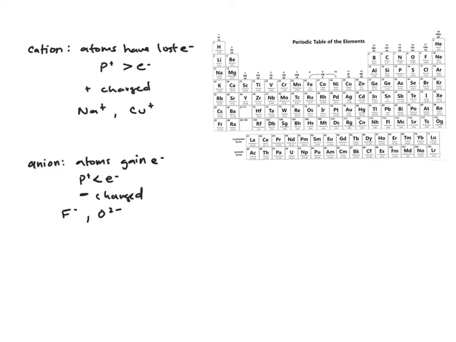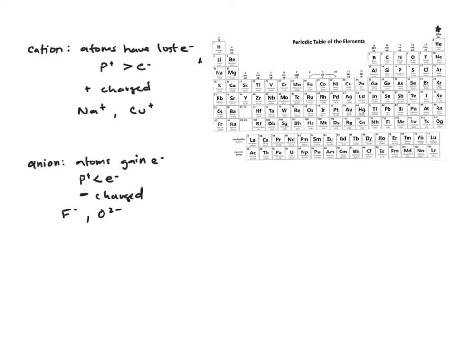Now, the driving force behind why all of these atoms form cations or anions is the fact that they want to gain more stability, and they want to be like their nearest noble gas. So this driving force, this desire to have more stability, is going to be what causes the cations and anions to form. Now, whether you form a cation or anion is going to be dictated by your proximity to your nearest noble gas.